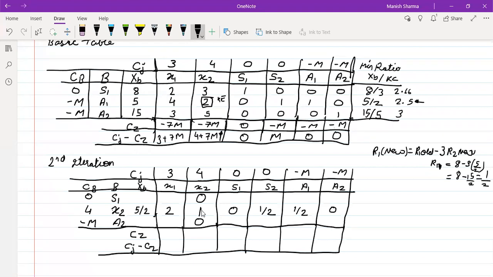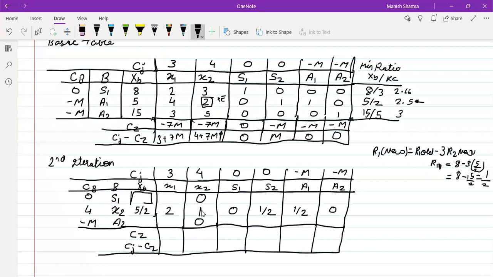Sir, can you please repeat that? For finding the value of row 1, this is row 1. Row 1 new is equal to row 1 old. Let us consider this element.